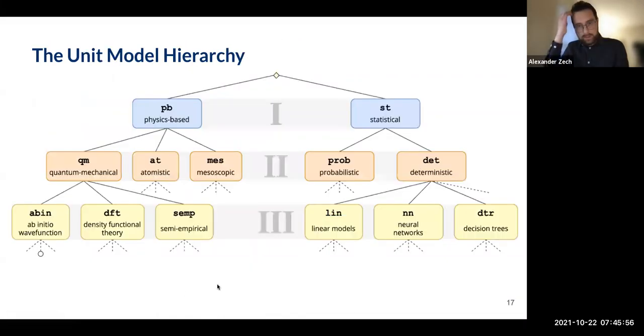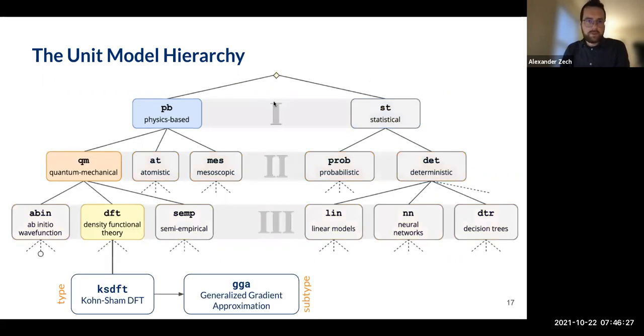So our hierarchy for the first 3 tiers, you can see here, it's basically 2 model branches. On the left, we have the physics-based models, and on the right, the database or statistical models. And I will not go through all these models in detail, but best to look at an example. So if we have, for example, the DFT method with a GGA functional, we can follow the first 3 tiers.